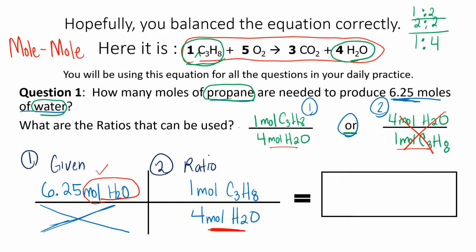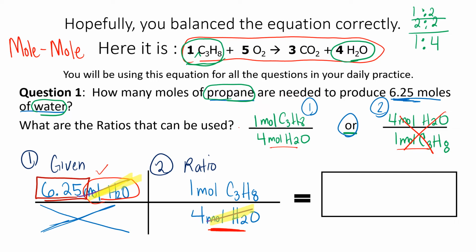Once I have that, because these match, they cancel diagonally, just like you see here. Now all I have to do is the math that goes with it. I'm going to take my values, let me use red to box them in.